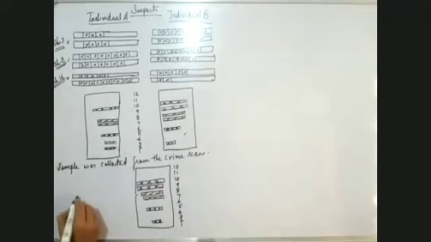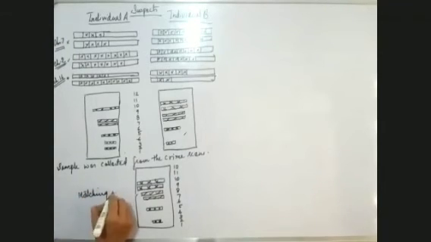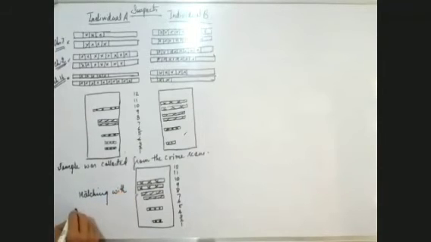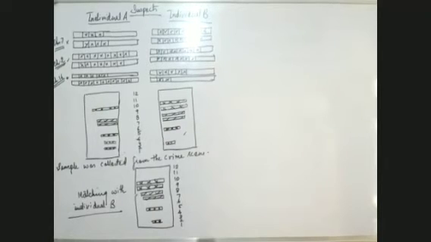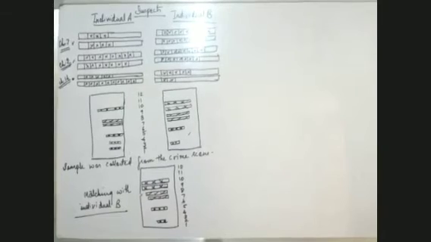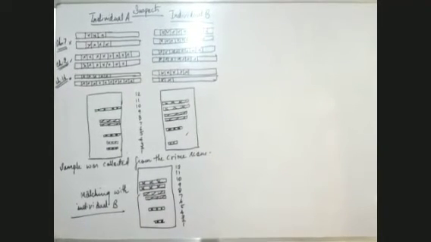The sample collected is matching with individual B. So this DNA pattern matches with individual B. Am I right?